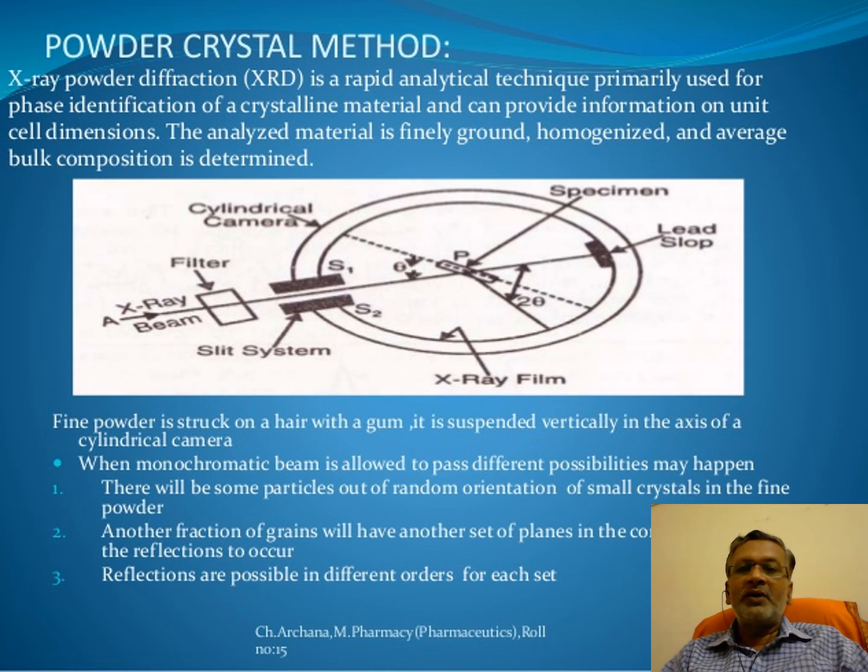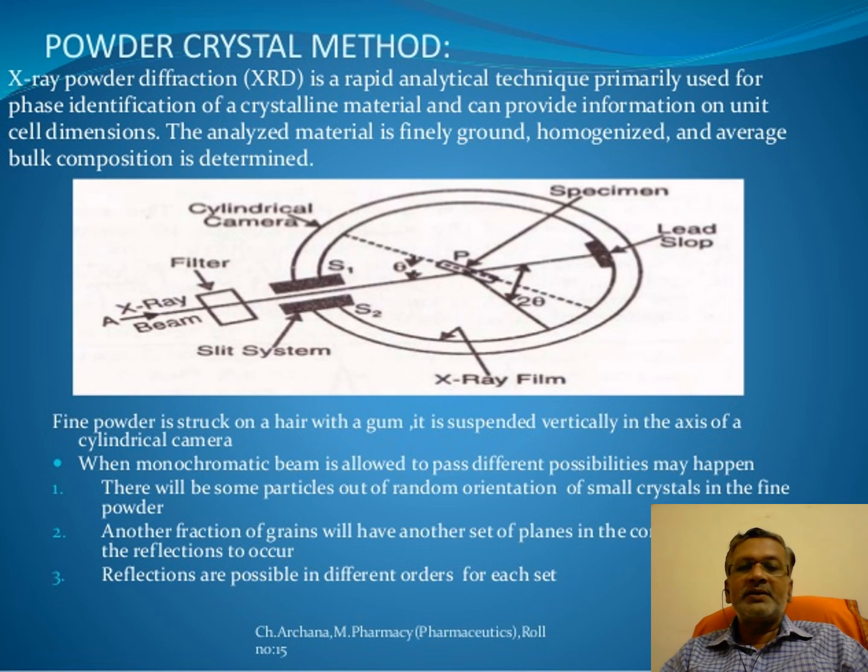This is also called the Debye-Scherrer method or Debye-Scherrer camera. Here a photographic film has been loaded inside and X-rays are passed through a filter, and these X-rays are incident on a crystal and the diffracted or reflected beam is incident on the photographic film. After deposition of the X-rays, we can analyze the X-ray film and estimate the crystal structure using theoretical ideas.